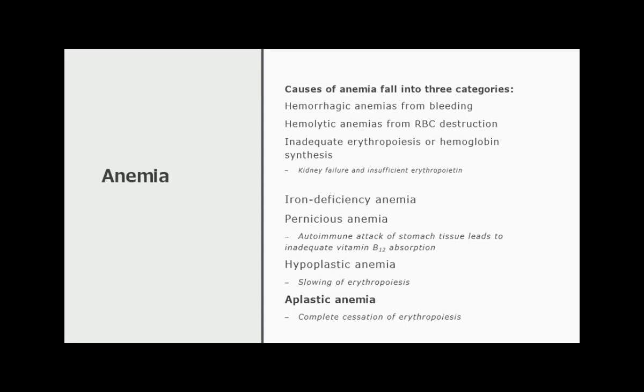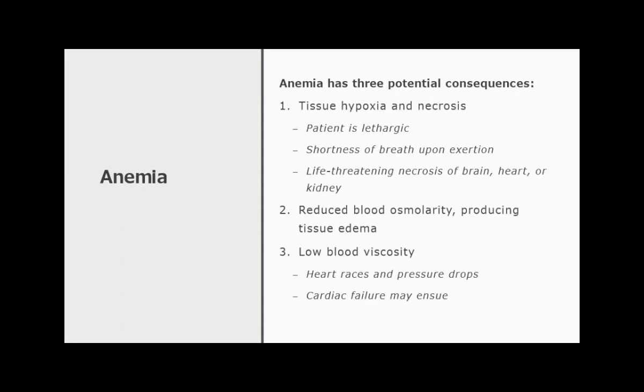Hypoplastic anemia is slowing of the creation of those blood cells. And then aplastic means it just completely stops. Consequences. Tissue hypoxia. When you don't have enough red blood cells that can carry oxygen, it starves your tissue of oxygen. It decreases your blood osmolarity.